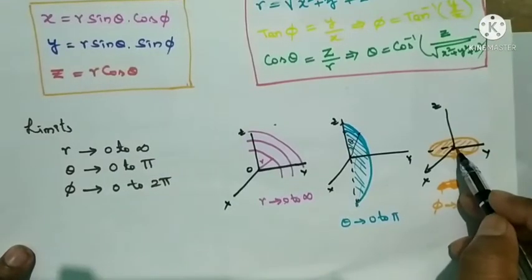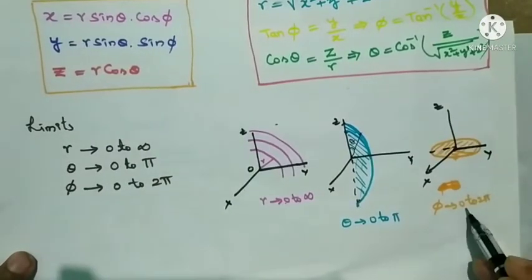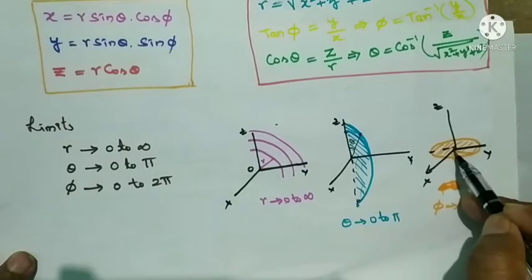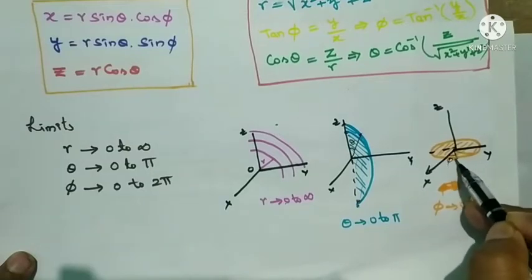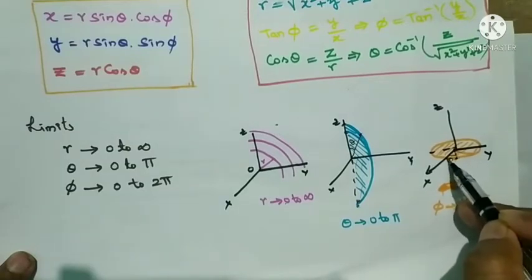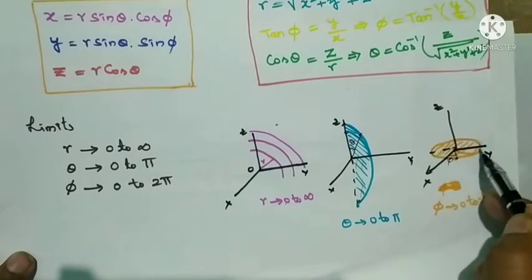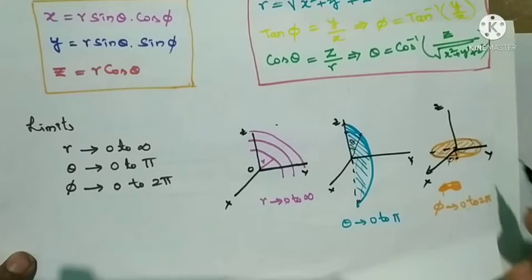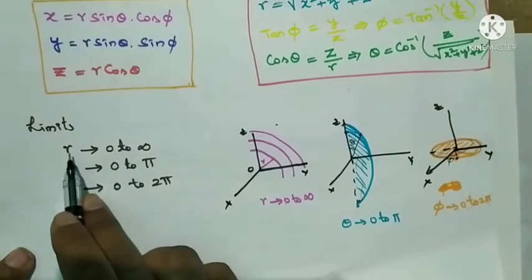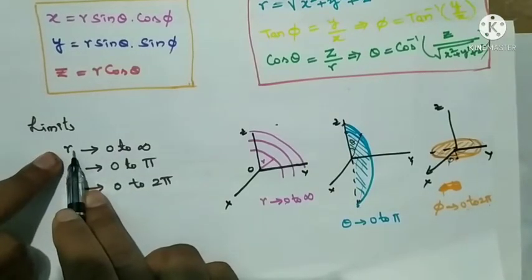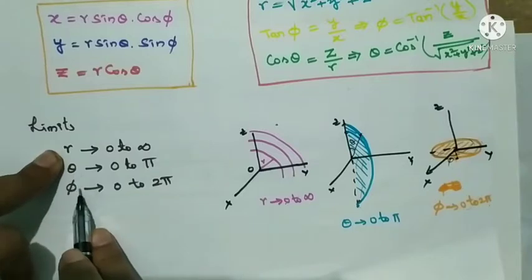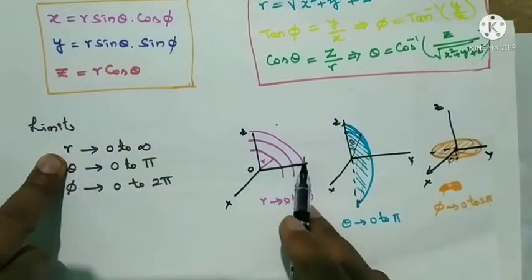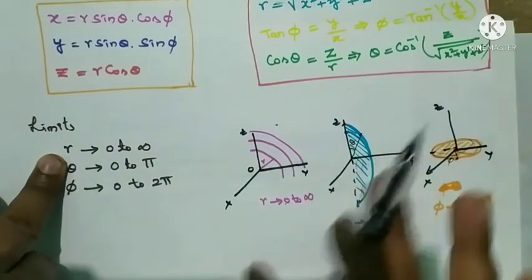And phi changes from 0 to 2 pi. So here it is phi, and this phi will change from 0 to 2 pi, then you will get a circle in the horizontal plane. So whenever you fix a particular value of r and change theta and phi, then you will get a sphere with constant radius.